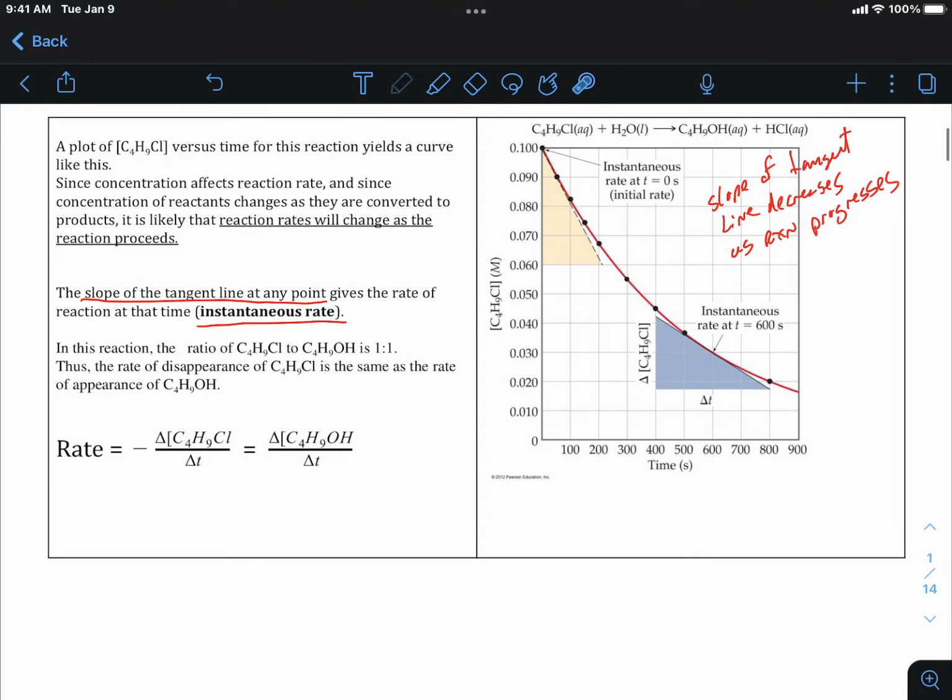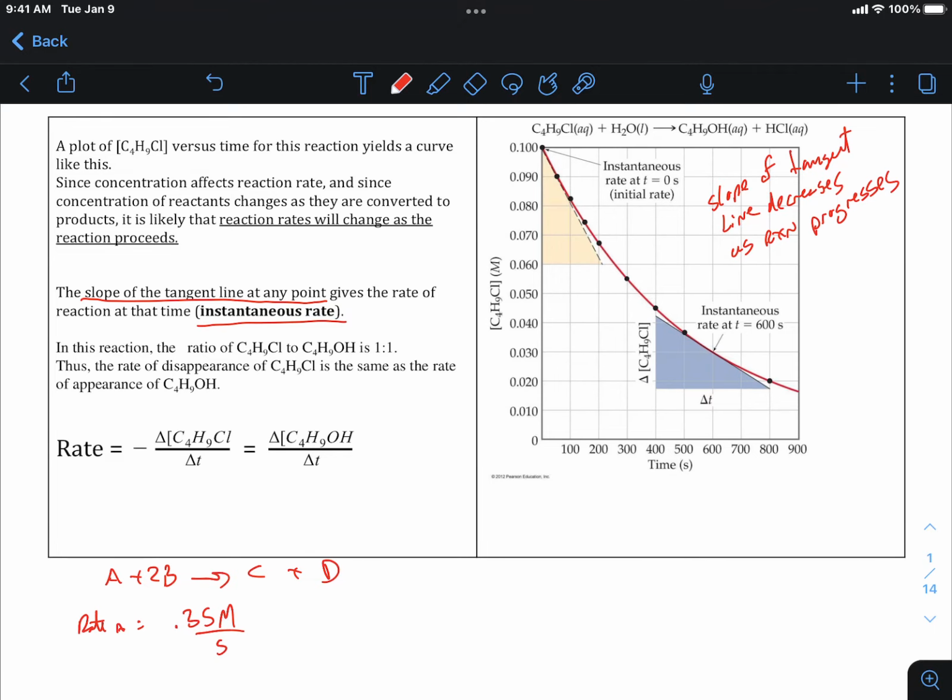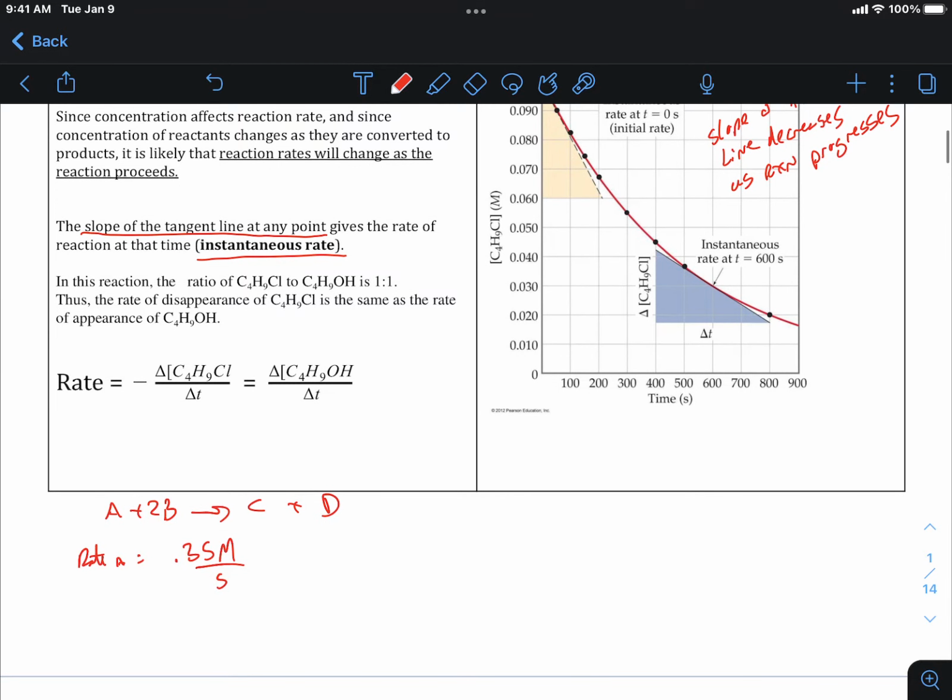Okay, so just kind of another crude example. Let's say we have a reaction A plus 2B forms C plus D. And so let's say the rate of disappearance of A is 0.35 molar per second. And so what is the rate for B?